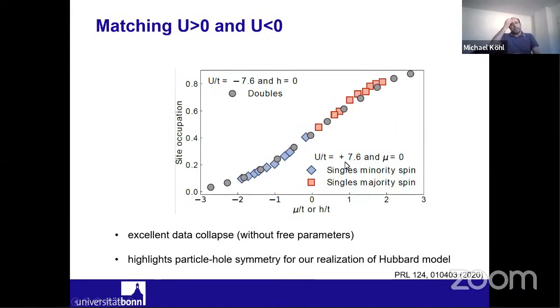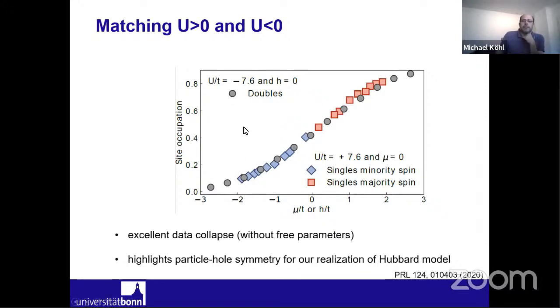And what we see is that this essentially perfectly collapses onto one another if we plot the attractively interacting case as a function of chemical potential, and the repulsively interacting case as a function of the spin imbalance, the Zeeman field. So there are no free parameters here. It's just rescaled everything in tunneling matrix elements, so kinetic energies.